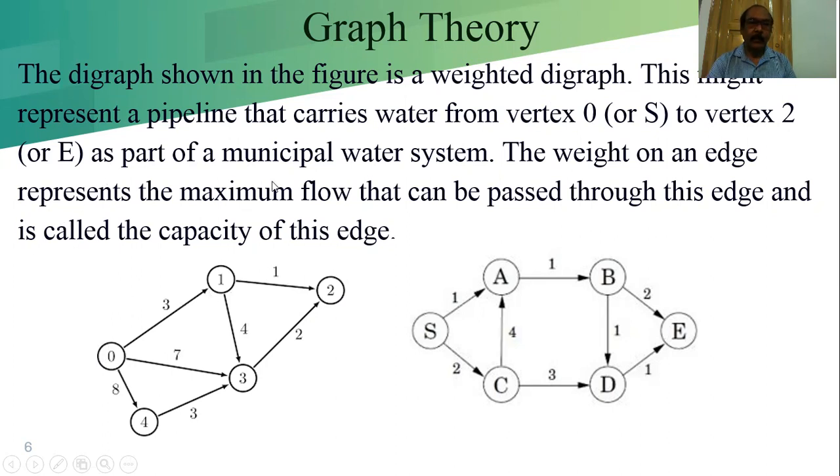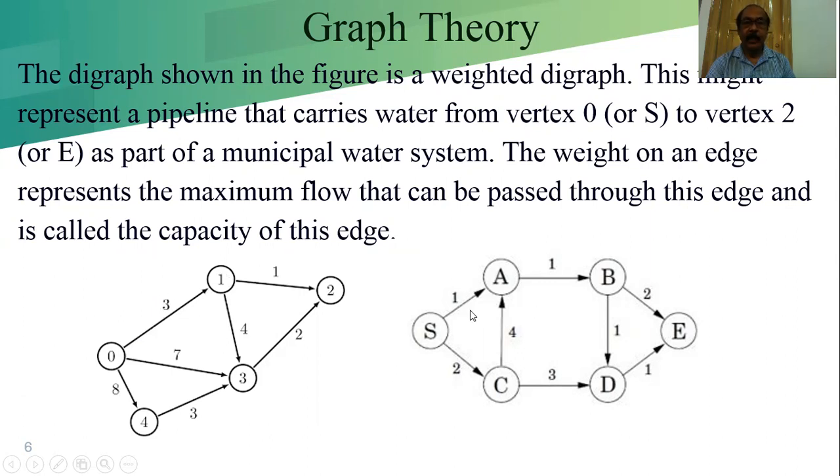As part of a municipal water system, the weight on an edge represents the maximum flow that can be passed through this edge and is called the capacity of the edge. If we are considering the capacity of the water flow through the pipe represented by this edge, that unit is that numerical value.